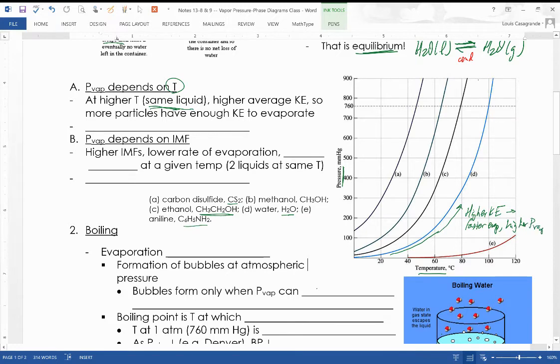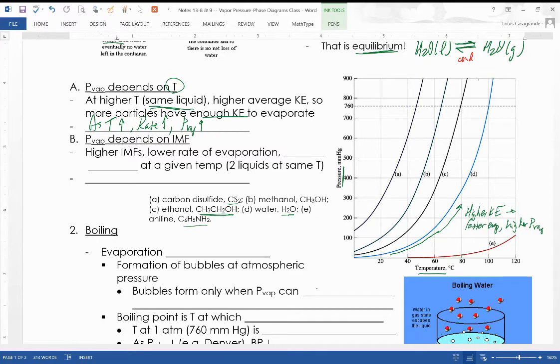More particles have enough energy to evaporate, and so as the temperature goes up, the rate goes up, and the vapor pressure, VAP, also goes up. So for any particular system, an increase in the temperature gives you an increase in the vapor pressure.